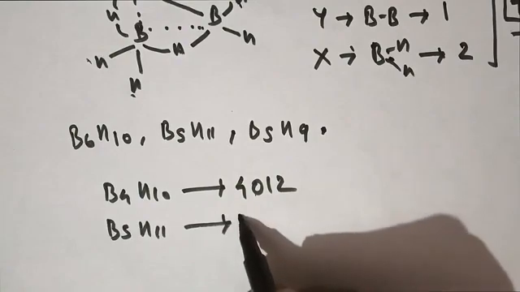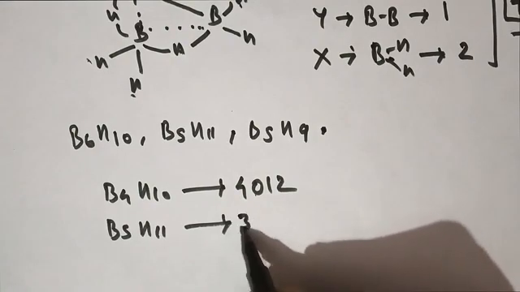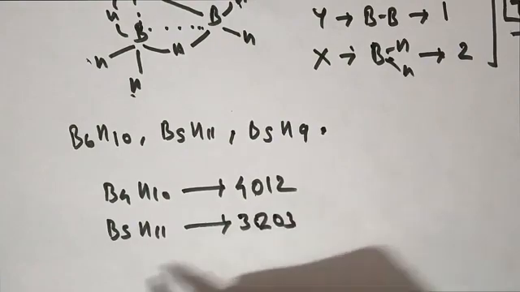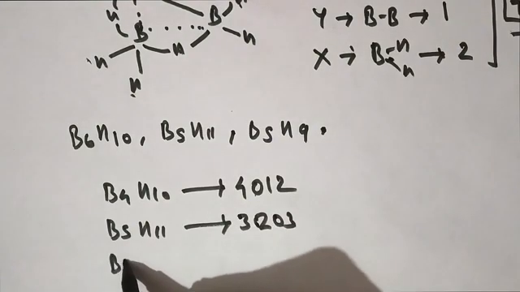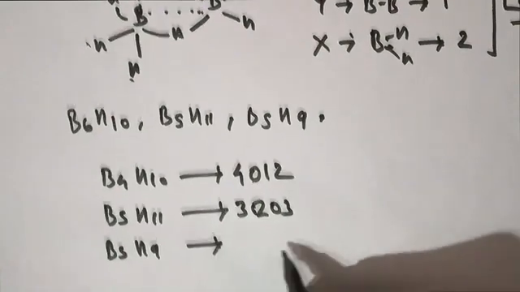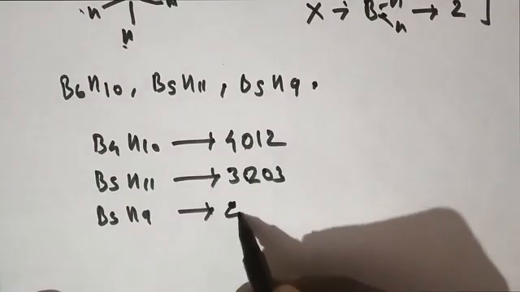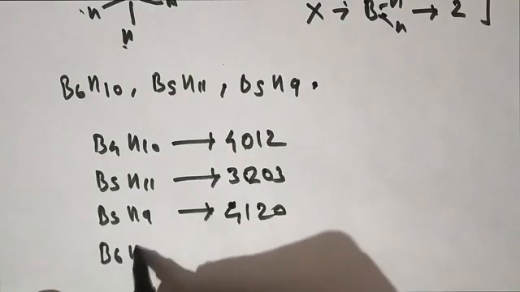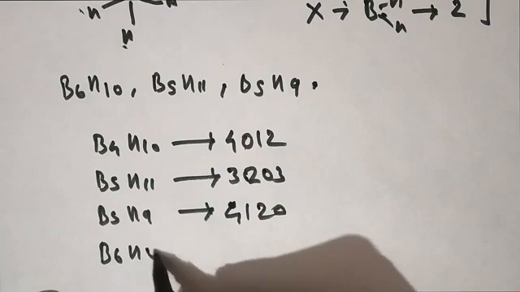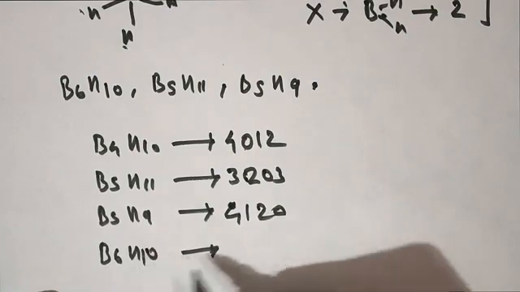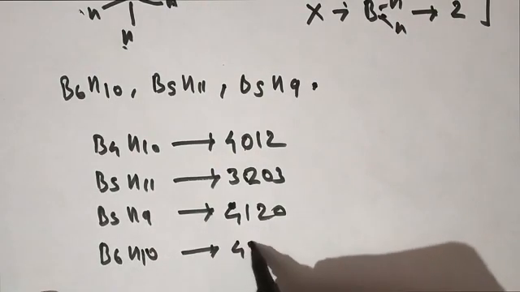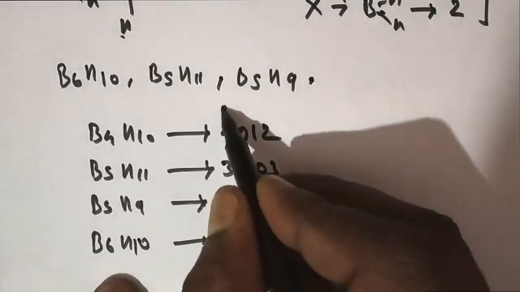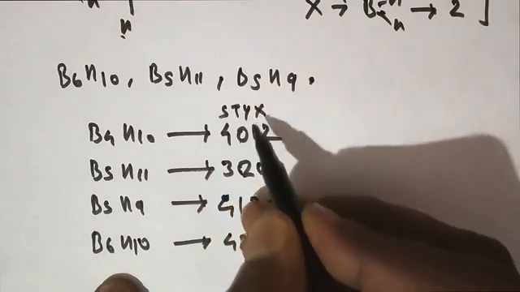B5H11, its STYX code will be 3203. B5H9, its STYX code will be 4120. B6H10, its STYX code will be 4220. These are the STYX codes of these molecules.